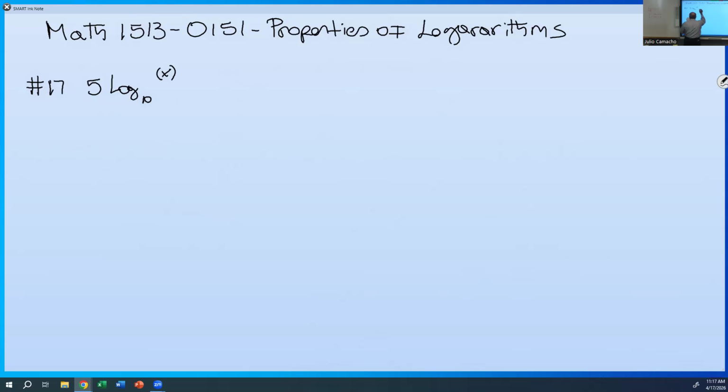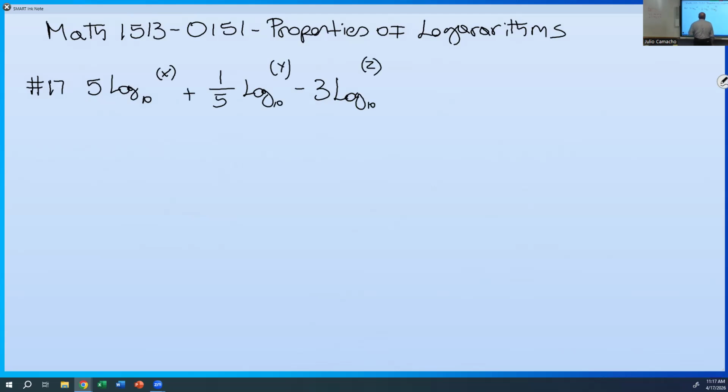And then that is subtracted. No, it's added to the log 10 of y. And that is subtracted from the log 10 of x, and the exponent is a z.